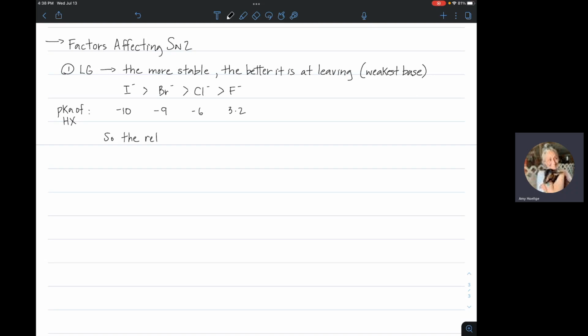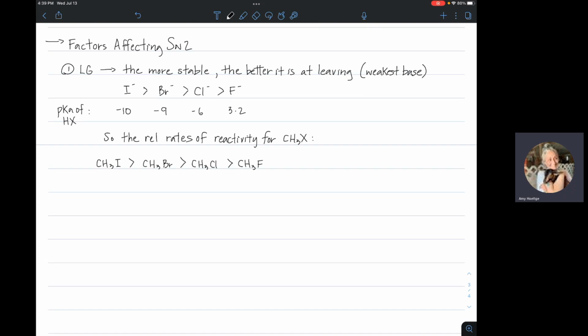So in other words, the relative rates of reactivity for even just a methyl halide, we use X as our sort of slang symbol for a halogen, will be: methyl iodide is going to be more reactive than methyl bromide, which will be more reactive than methyl chloride, which is more reactive than methyl fluoride.